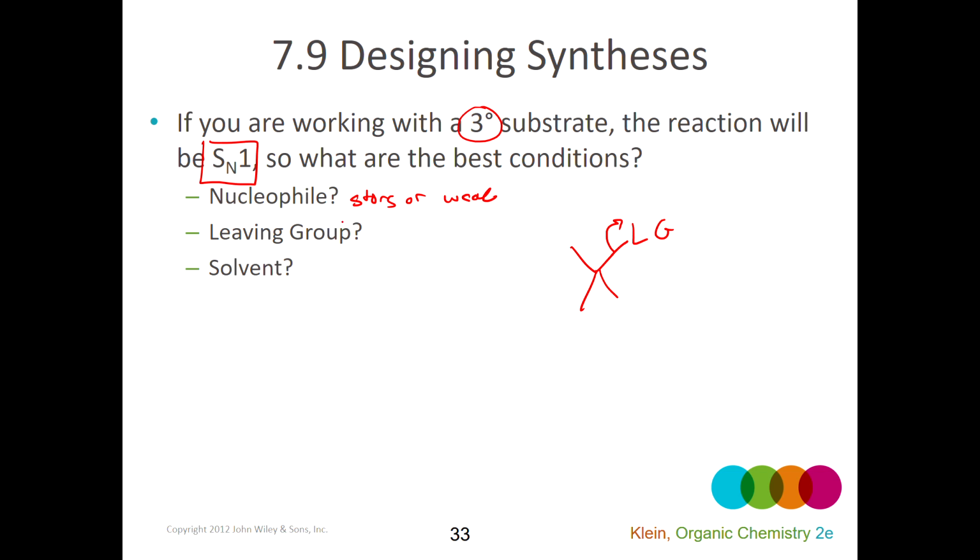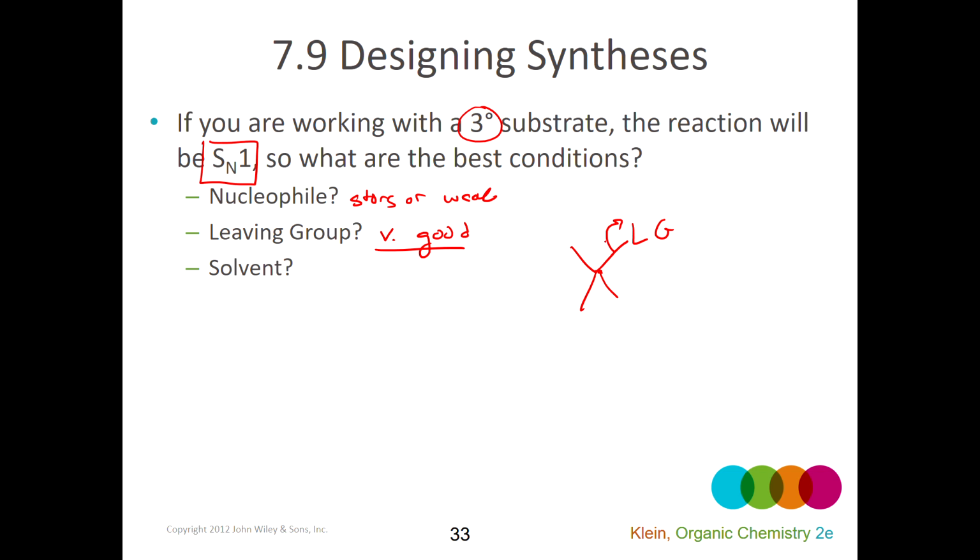I need for sure, as much as possible, to choose a very good leaving group here, because that's the slow step. The leaving group's leaving first. If I don't have a good leaving group, that first step's almost never going to happen, and I can't really get the rest of the process to happen either, because it's the slow step.